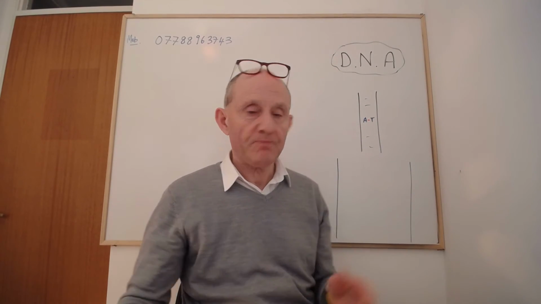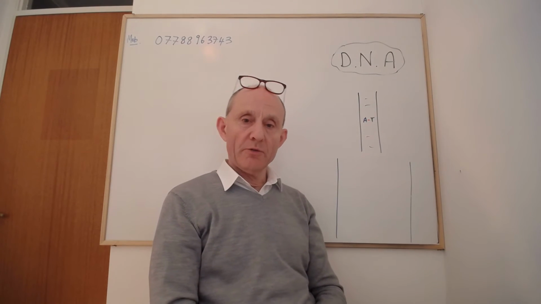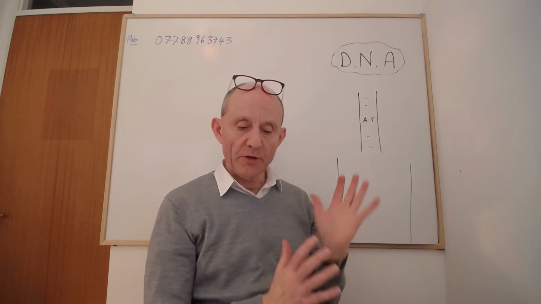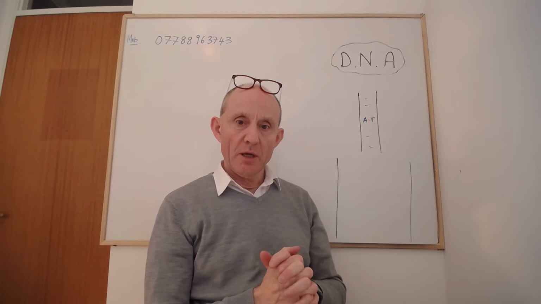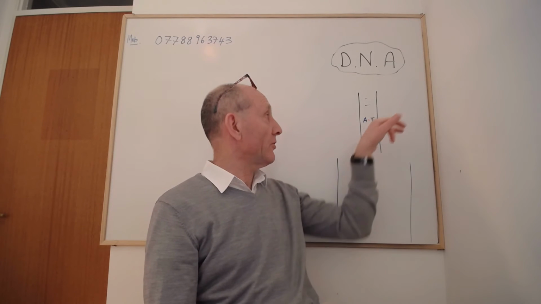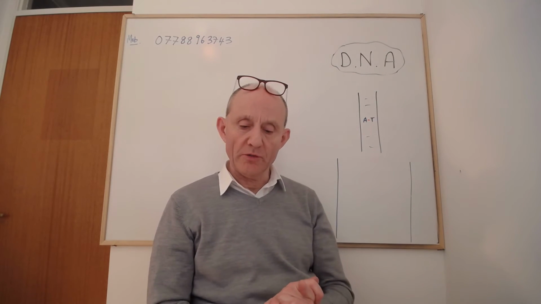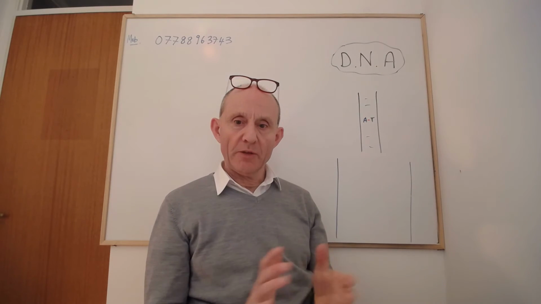So the first step in getting the two DNA strands apart, and often this process is called unzipping, is carried out by an enzyme called DNA helicase. The DNA helicase causes the hydrogen bonds to break, causing the two strands of DNA to separate or unzip from each other. And that's the first stage.